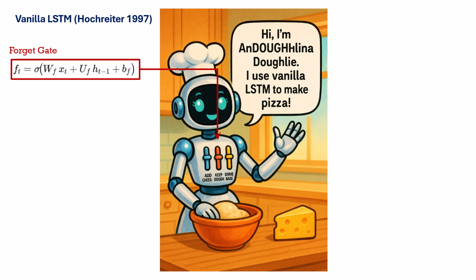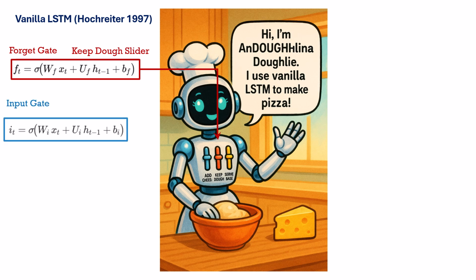In this particular example, it is connected with the Andolina keep-dough slider button. Next, there is an input gate, which relates to the add slider of Andolina Dolly.